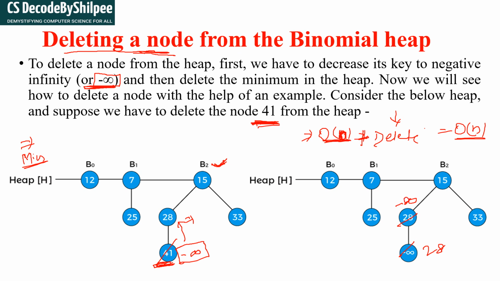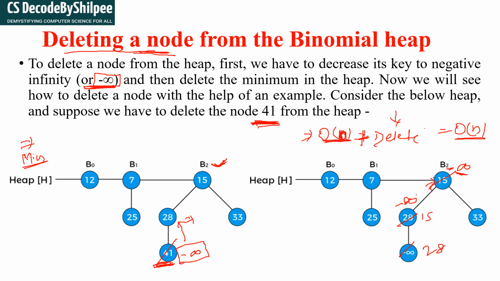Then again you have to check minus infinity with its parent. Its parent is 15. Is 15 less than minus infinity? No, the condition fails. Then 15 comes down and minus infinity goes up. We are always deleting the root node, because of that reason I am doing this procedure.